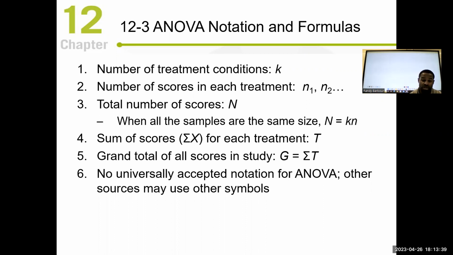The number of scores in each treatment, N1, N2, N3, is the number of scores in each sample. If I have 3 treatment conditions and each has 10 scores, then N1 would be 10, N2 would be 10, and N3 would also be 10. Next is the total number of scores.